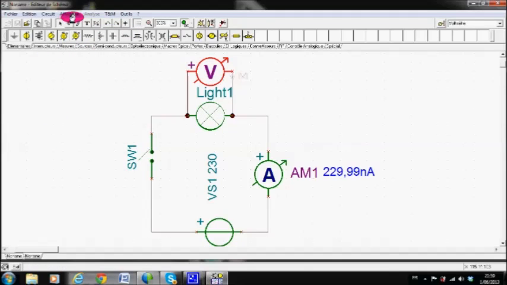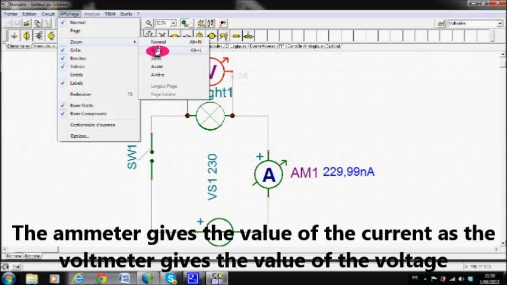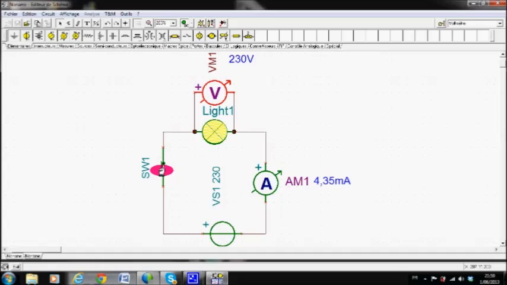If I zoom to see all my connections and simulate, I have here 230 volts, as you have 230 volts. As you've seen in the theoretical lesson, the voltage here is the same as the voltage here.